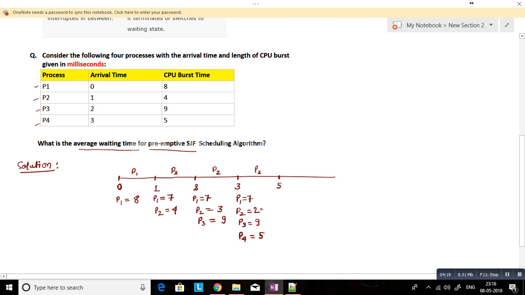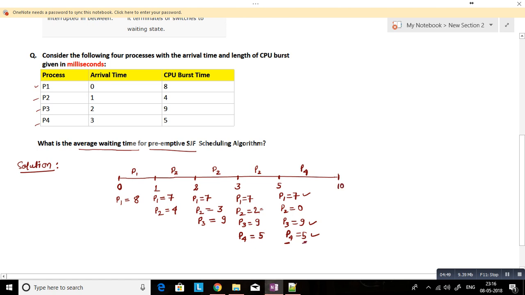So at 5, P1 is 7, P2 is 0, P3 is 9, P4 is 5. Which is shortest among these three? P4. So next P4 will execute, and it will execute up to 10 because it has CPU burst time 5.